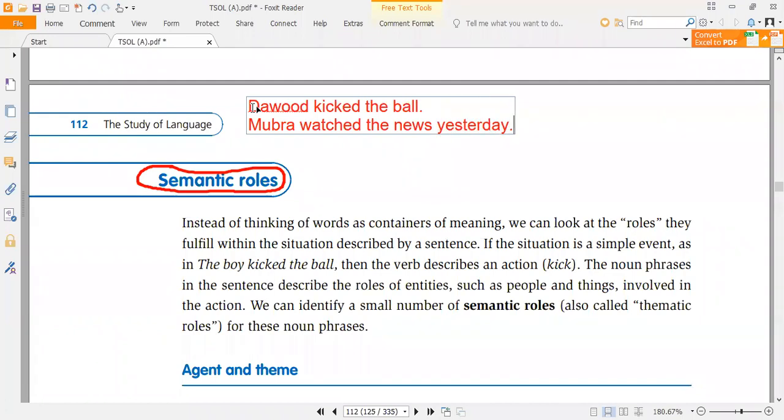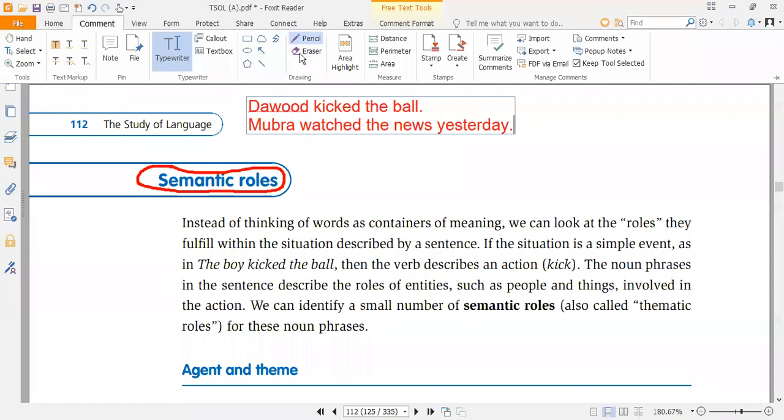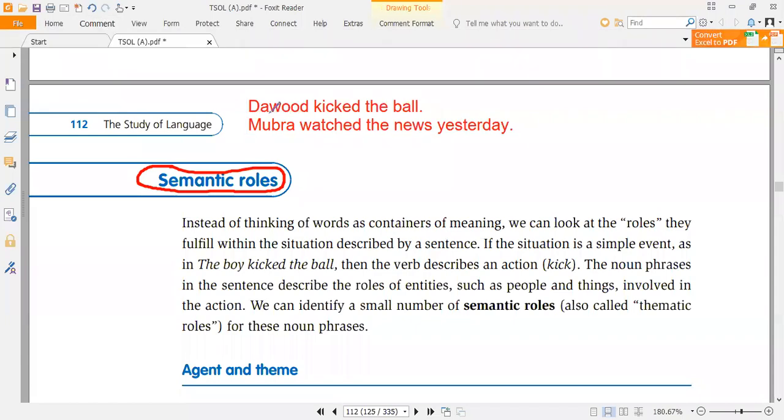If you look at these examples, here we have got Daud, which is the subject of the sentence. Then we have got a verb, and we have got the ball, which is the object, right?